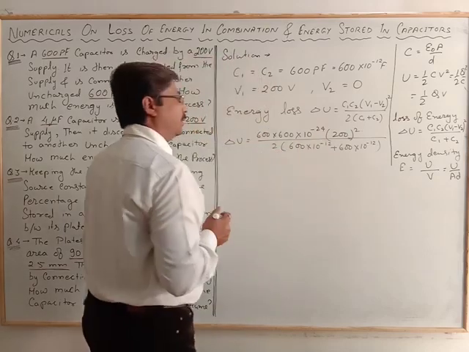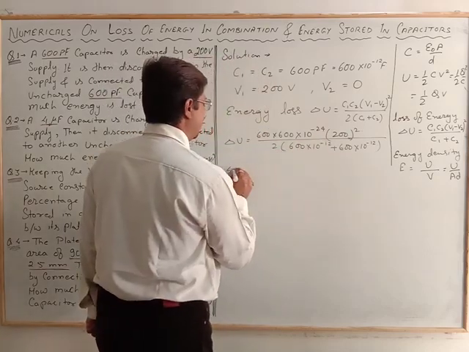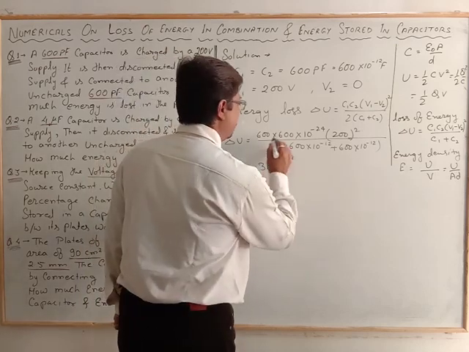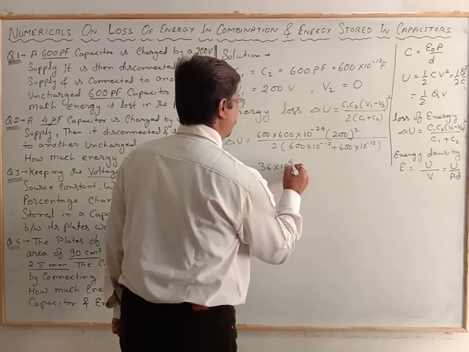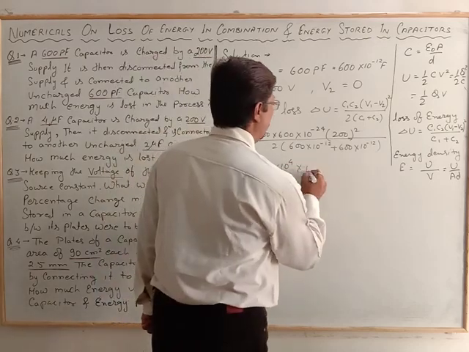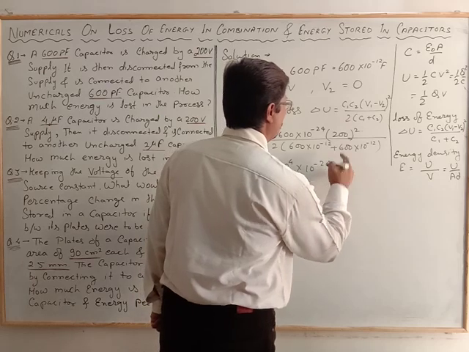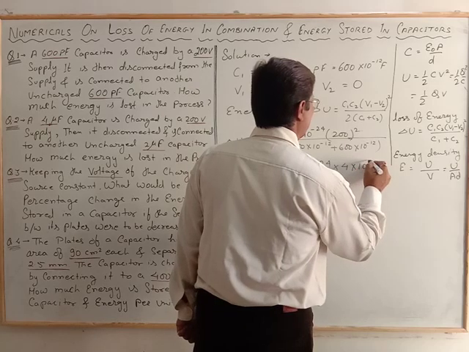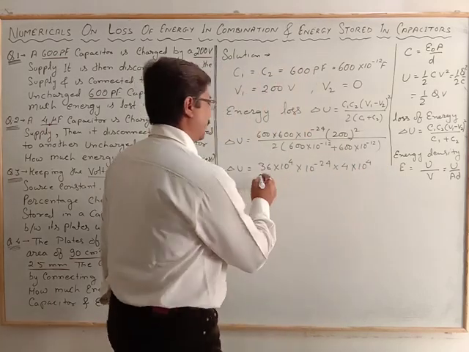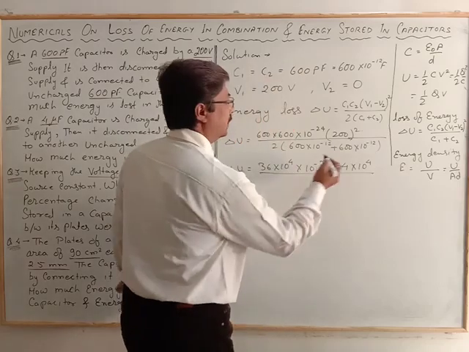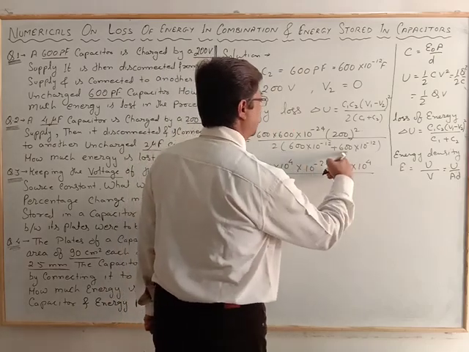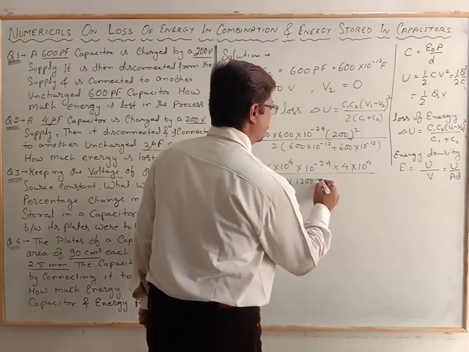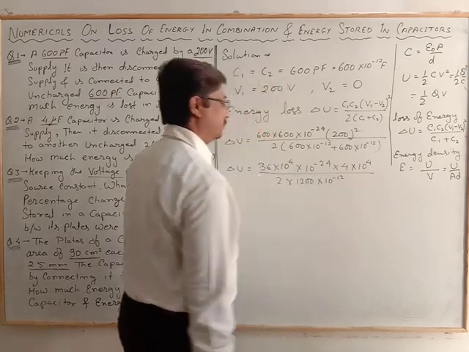Now the simple mathematical relation is this one. Delta U is equal to 3600, that becomes 10 to the power 4 into 10 to the power minus 24, and 4 into 10 to the power 4, divided by 2 times (600 plus 600), that becomes 1200 into 10 to the power minus 12.